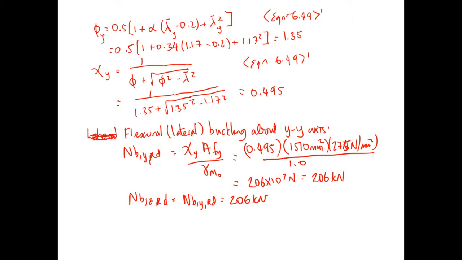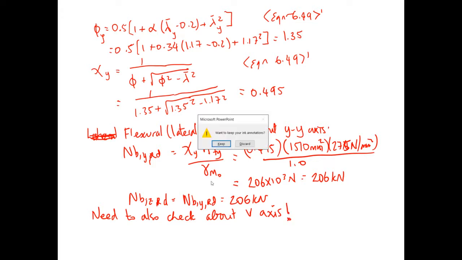We said it because the slenderness is the same in both directions. So we want to do the same equation for about the ZZ axis, or sorry, we need to also check about the V axis.